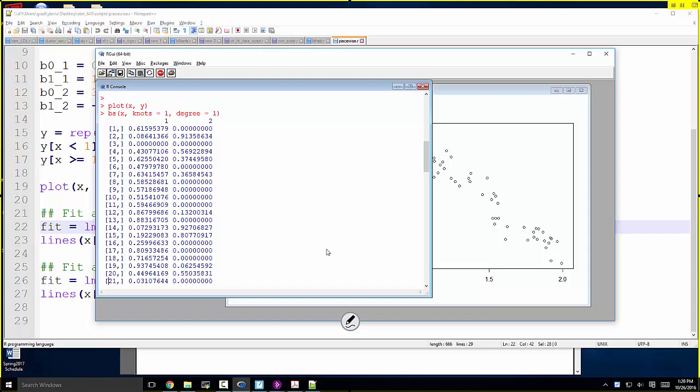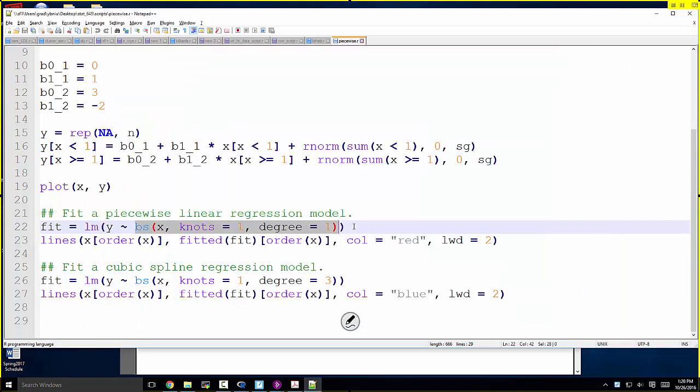When I say bs(x, knots=1, degree=1), it gives me an n by p design matrix, n by 2 in this case. So this is essentially like that capital X design matrix that I was writing on the whiteboard. So I'm essentially using lm to fit a regression model with a specially prepared design matrix.